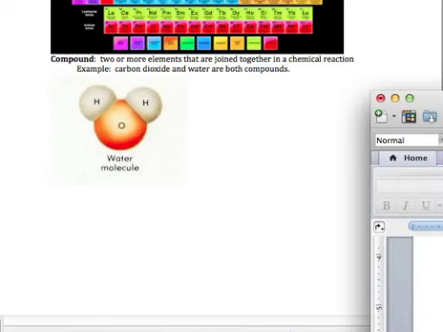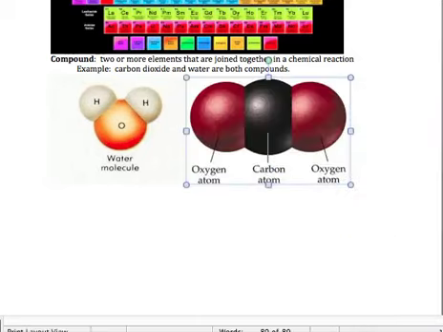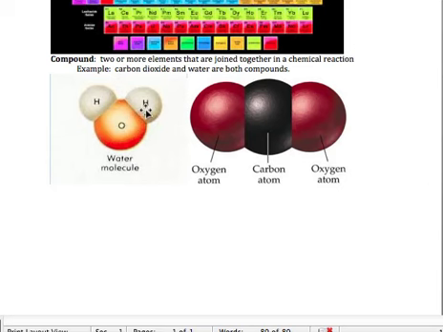Another compound is carbon dioxide. Look over here, the water has 2 hydrogen atoms and 1 oxygen atom. A carbon dioxide molecule is going to have 1 carbon atom and 2 oxygen atoms. Di means 2, so 1 carbon and 2 oxygen atoms.